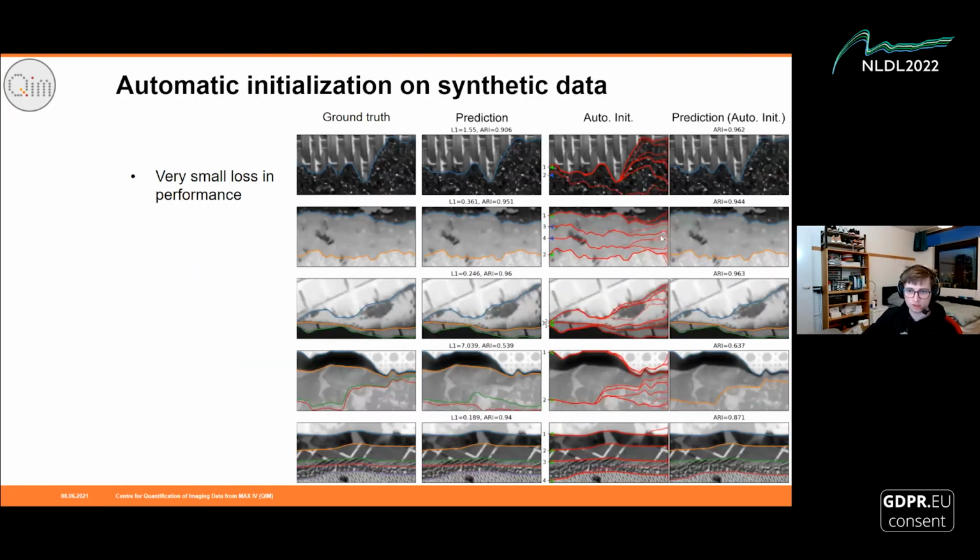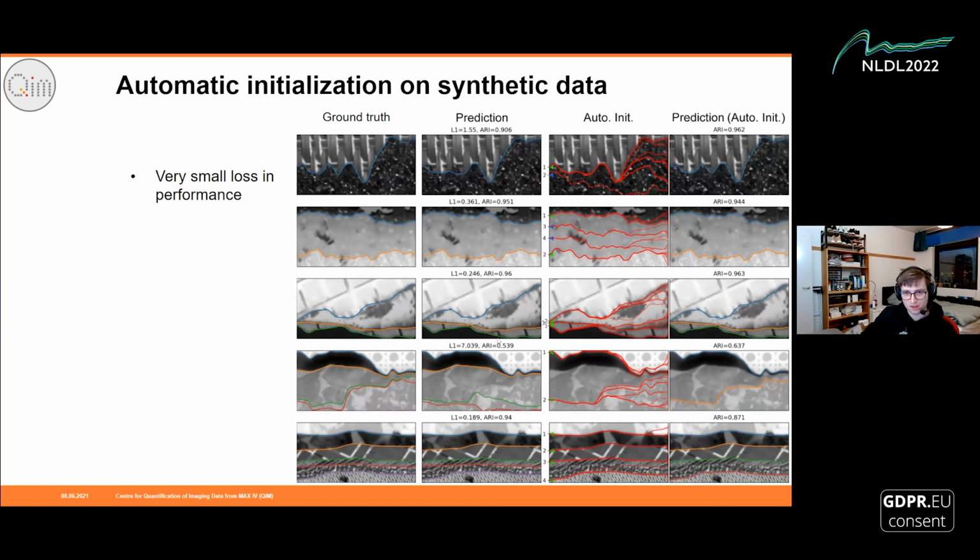So we tried doing this, and it actually turns out to be quite successful. On synthetic data, we only saw about a 5% loss in performance on our error measures. We had a few different error measures, but in general, the segmentation is very successful and rarely damaged much. In this situation down here, we only find 2 of the 4 layers in the ground truth, but some of them are quite hard to find.